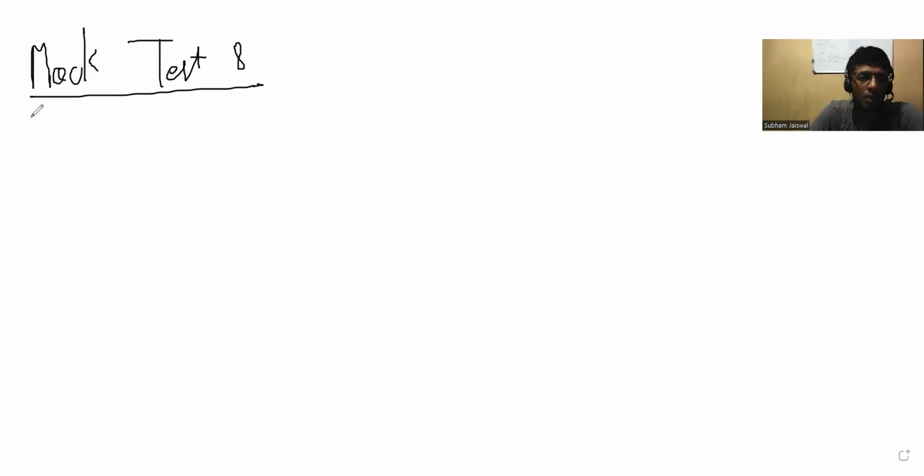Problem number 6. Here we have numbers from 1 to 144 written on the board, and moves are being made, like a game.